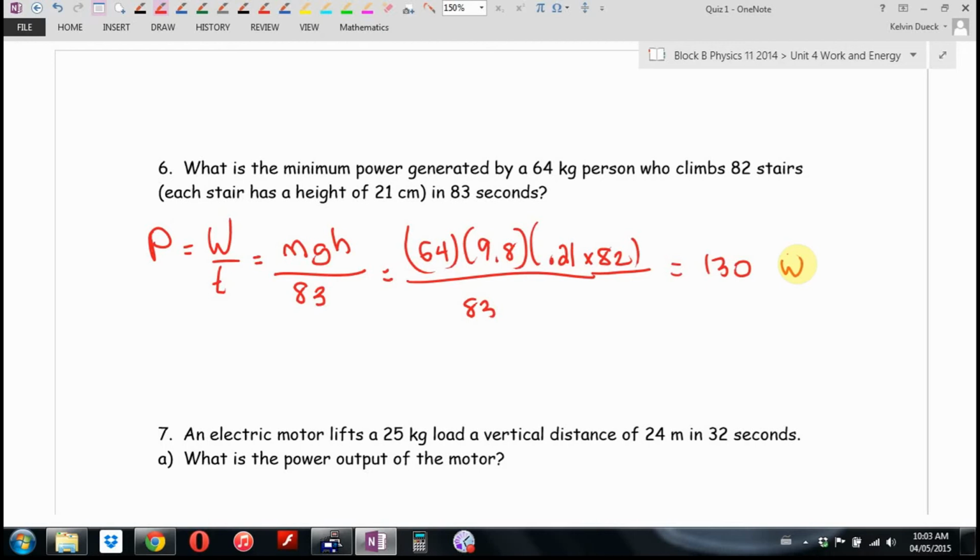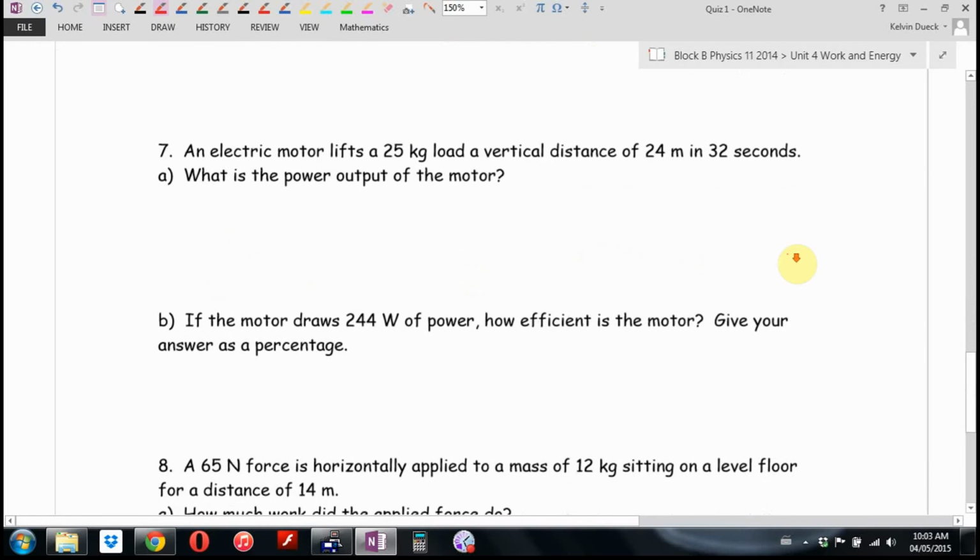Okay. An electric motor lifts a load, a vertical distance of that. Okay, power, work over time. And you'll agree with me that when we're lifting, the work is mgh, the change in potential energy, over time.